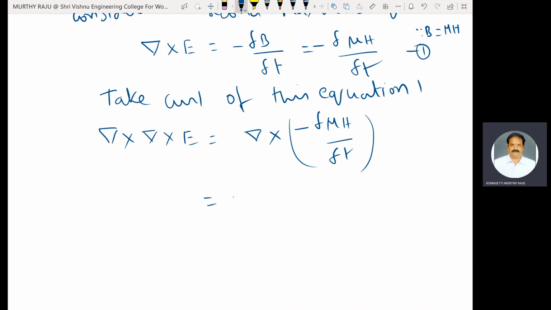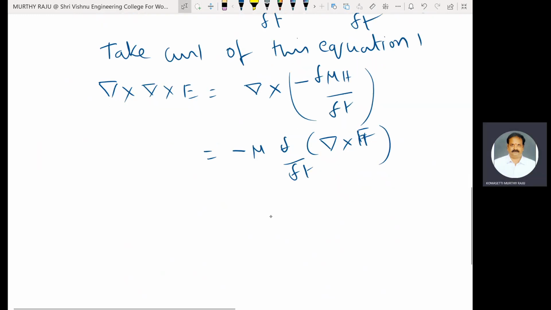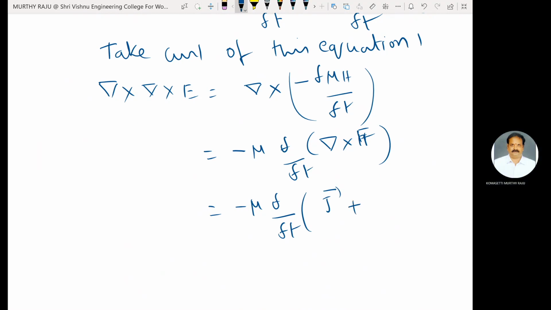That is equal to minus mu dou by dou t of del cross H. Del cross H is equal to J plus dou D by dou t.